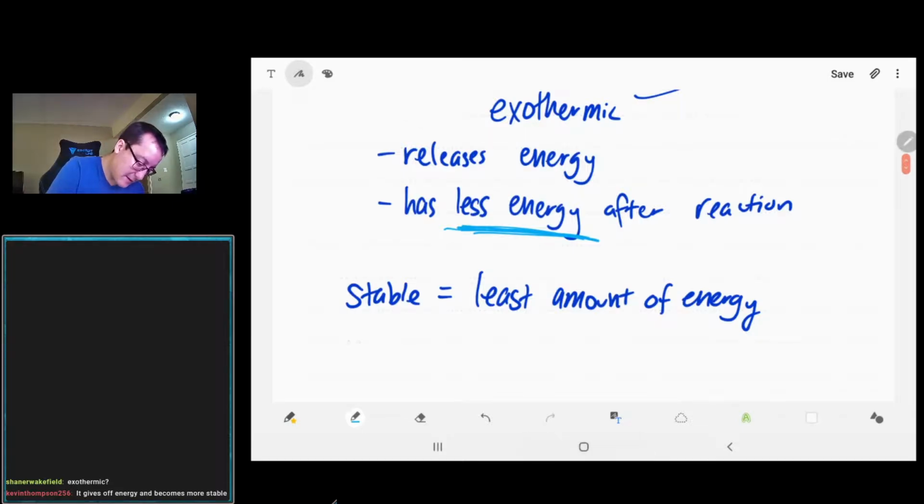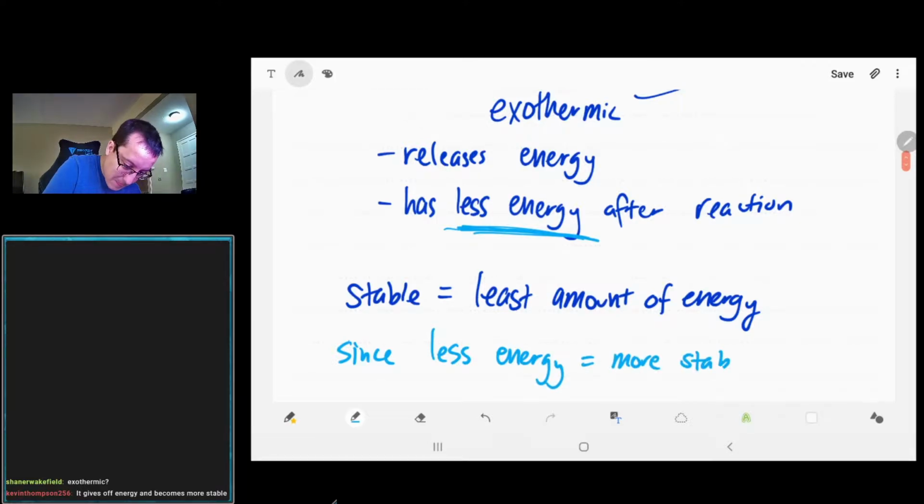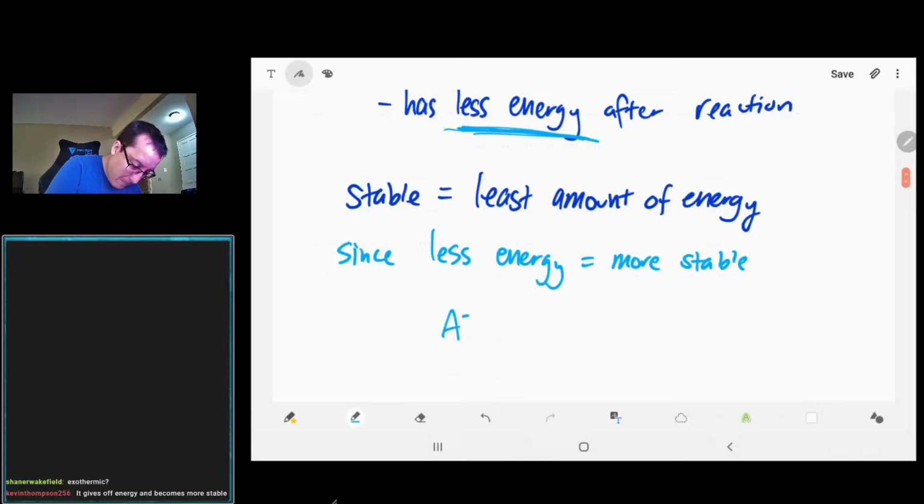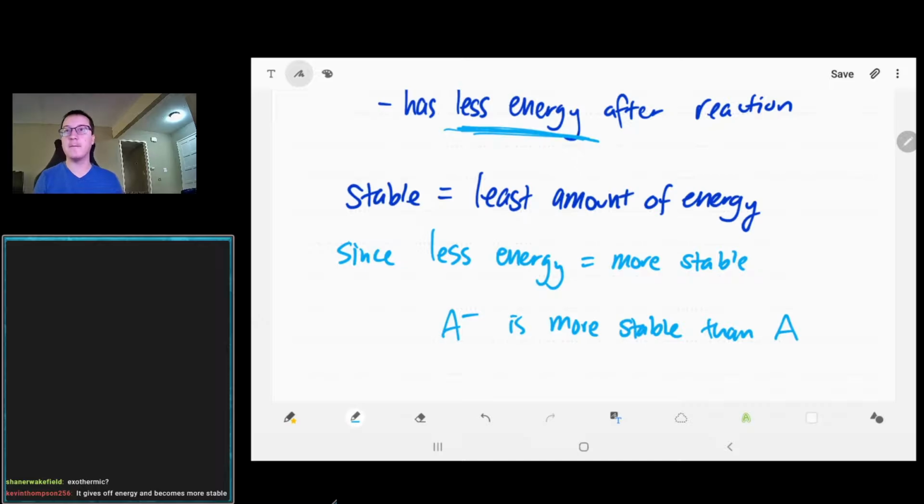And so, since less energy is more stable, this tells us that the anion is more stable than the neutral atom. So does that kind of make sense?